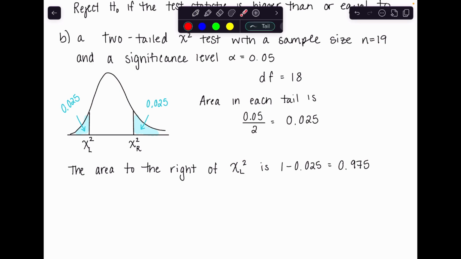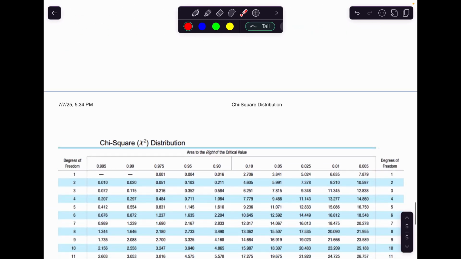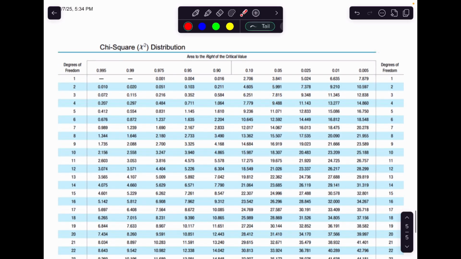So I've got 18 degrees of freedom, and my area to the right should be 0.975. So going to my table again, my area to the right is 0.975, and I've got 18 as my degrees of freedom. So this critical value is 8.231.